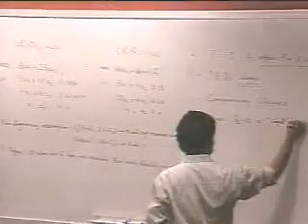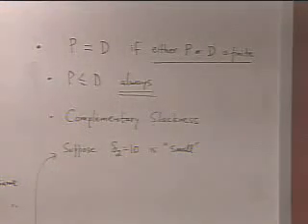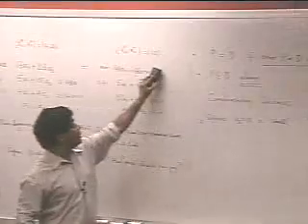What is small? I don't know yet. The sensitivity analysis will tell me whether something is small or not. For now, let's just assume that it is small. If it is small, then my U1 star, my old optimum solution, remains still optimum.